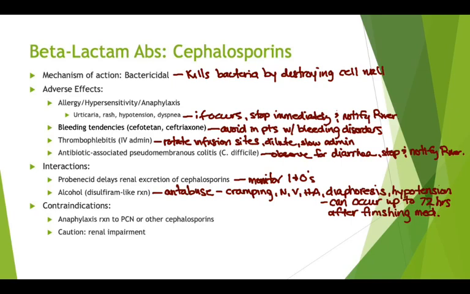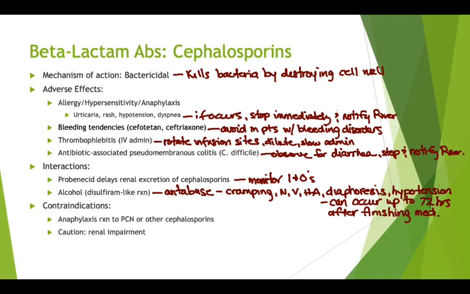You might also see bleeding tendencies. Your ceftriaxone and your cefotetan are more common to cause bleeding tendency. So you want to avoid using these for patients that already have bleeding disorders or that are taking any type of anticoagulants. Another adverse effect is thrombophlebitis.